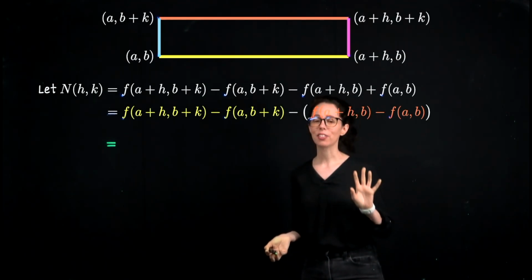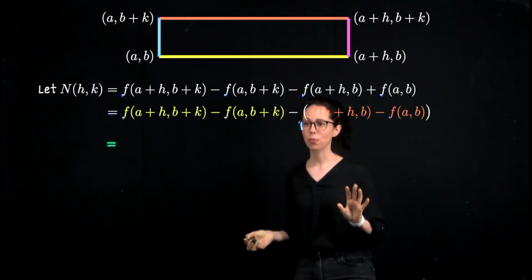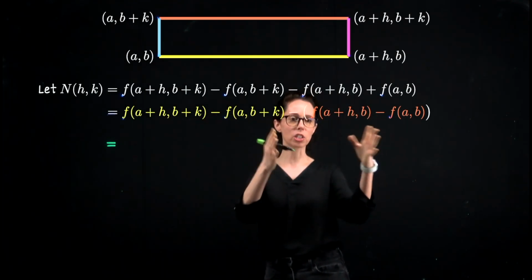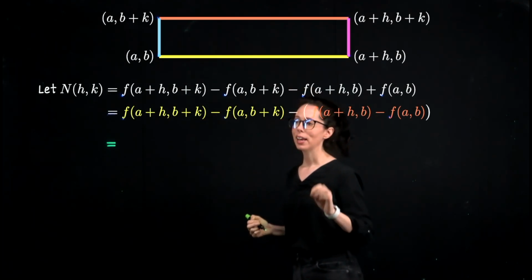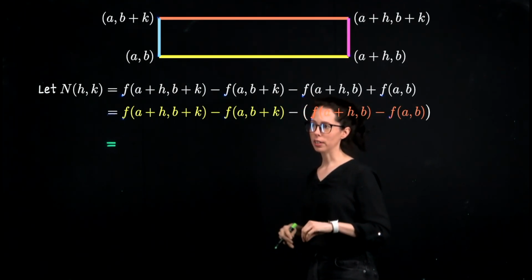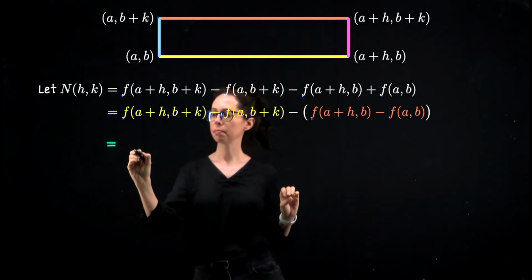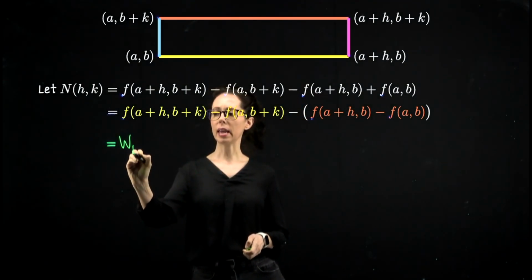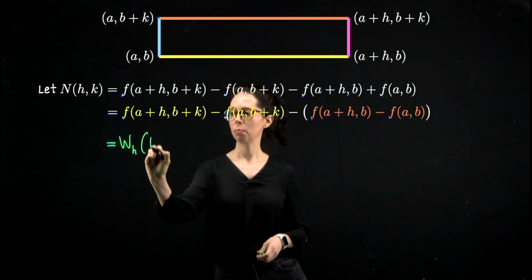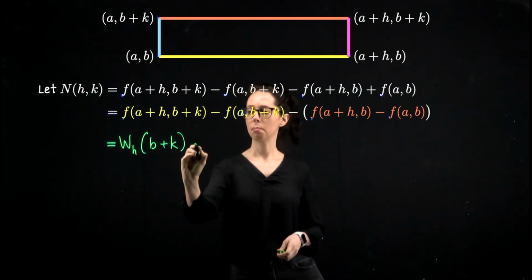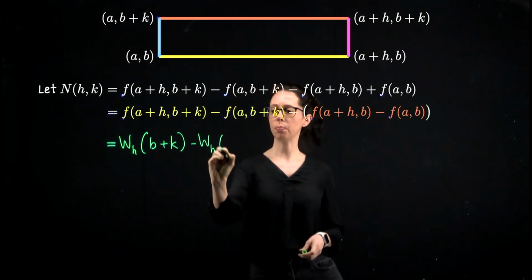So actually, there's a step that we're going to introduce before we pass from differences in function outputs to derivatives. And that is, I'm going to invent out of thin air a new function. Let me call it w sub h of b plus k minus w sub h of b.